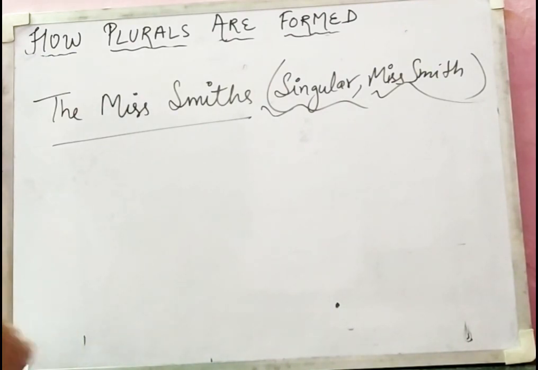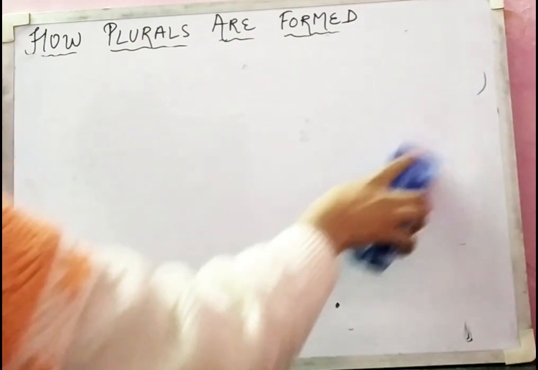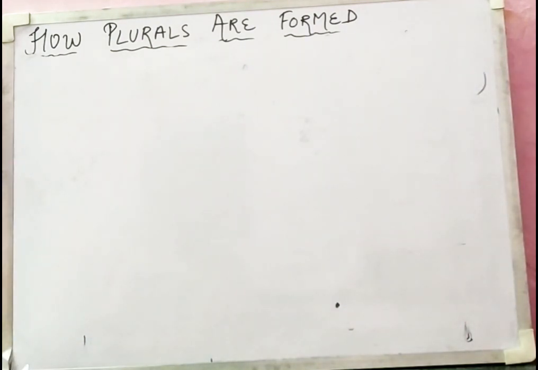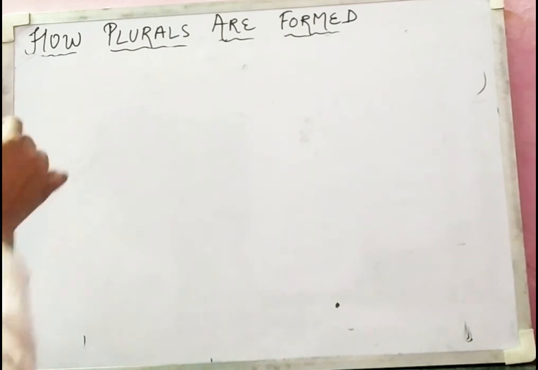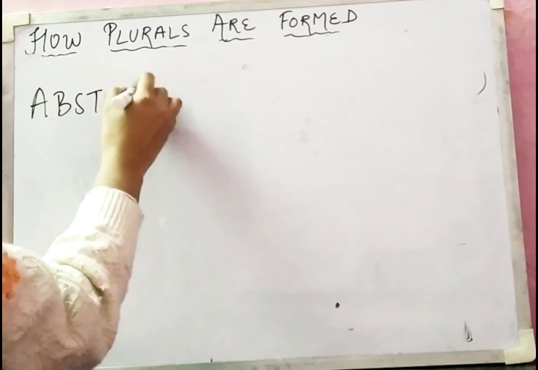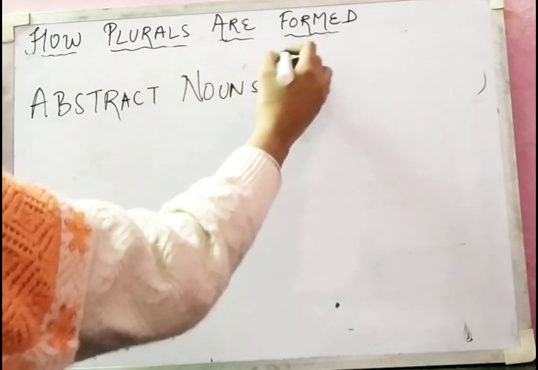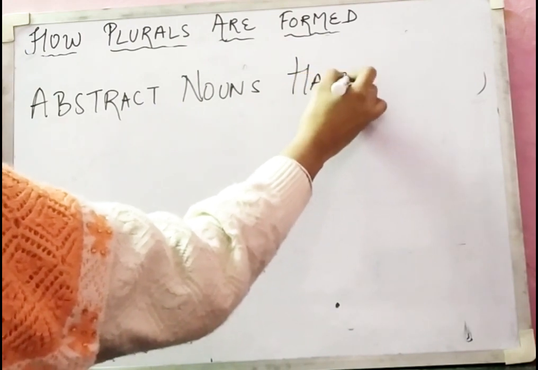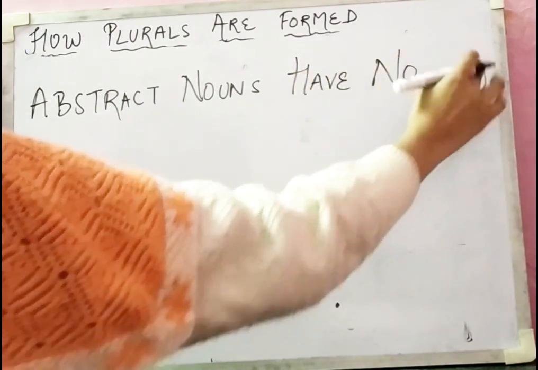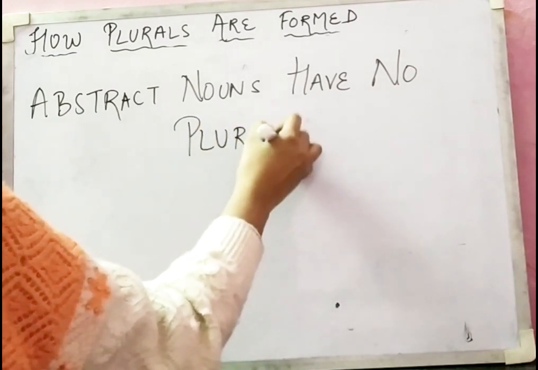Now I have to tell you one more thing, that abstract nouns have no plural. You have to write also that abstract nouns have no plural. Is it clear?